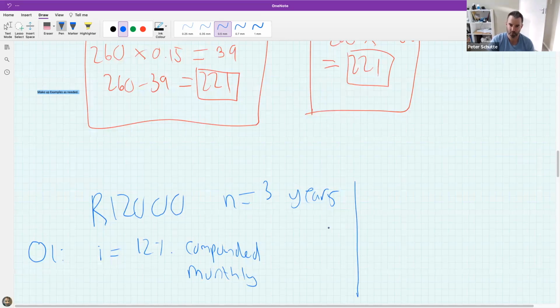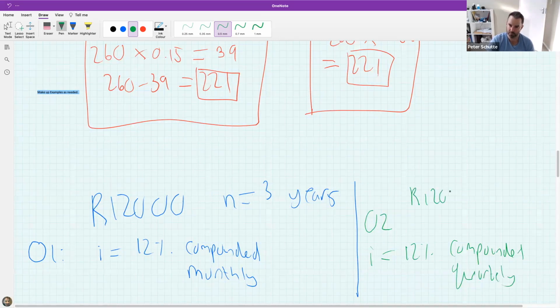So that's option number one. Option number two is that you have the same information, 12,000, but your interest rate is 12% and it is compounded quarterly.